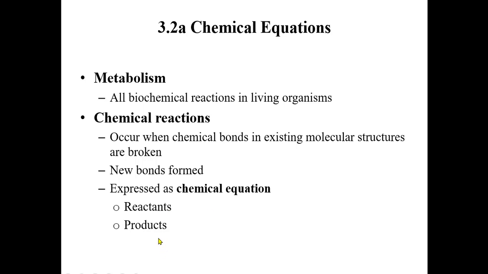What you end up with is called a product. So the chemical reaction or chemical equation always goes from reactants converted to products. If it takes a whole lot of energy to go from reactants to products, it's less likely to happen. If it takes less energy, then it's more likely to happen.